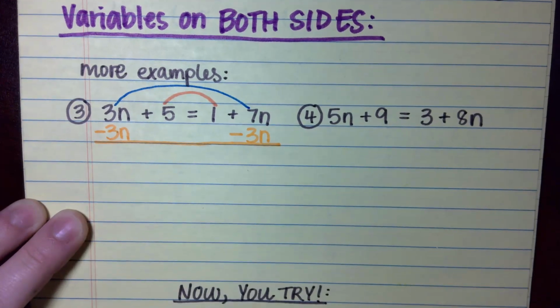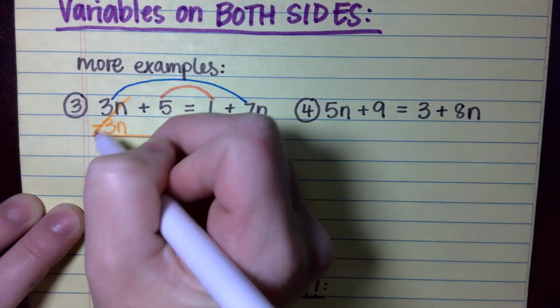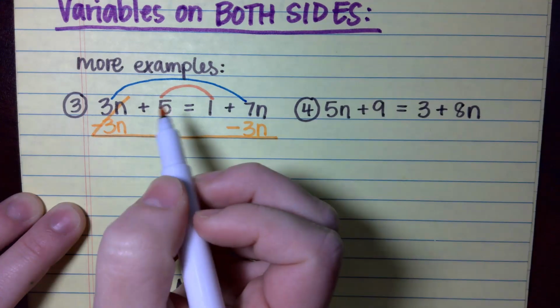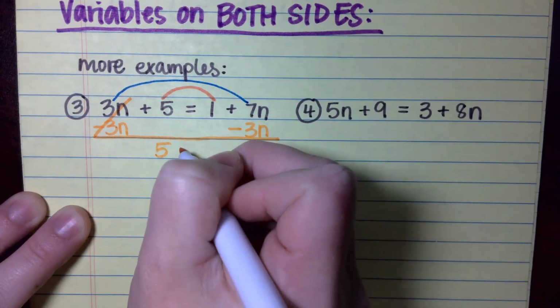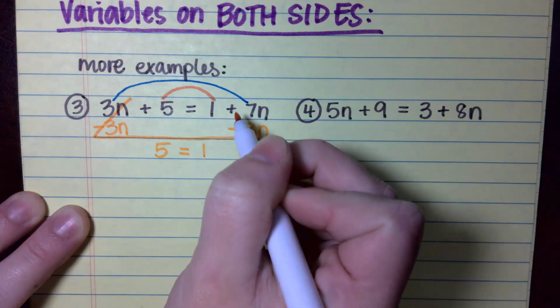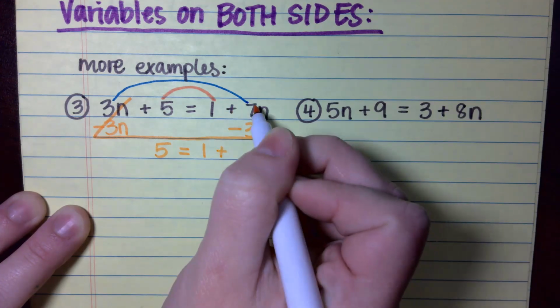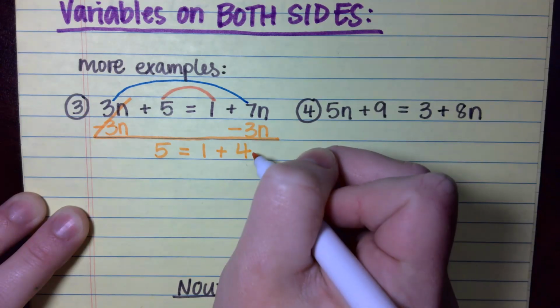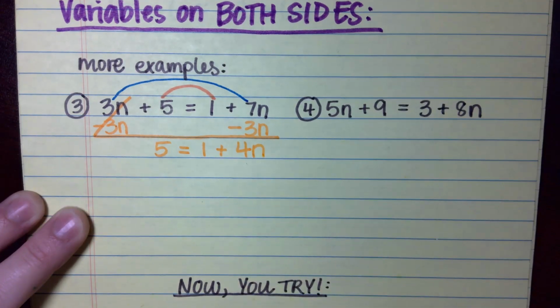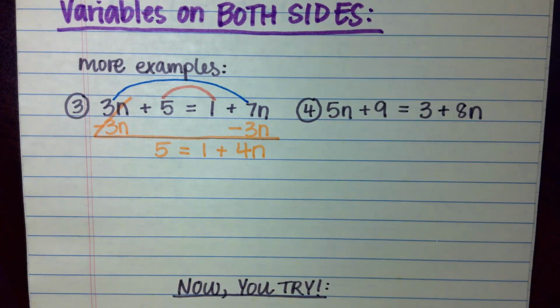What happens to my 3n's? They cancel. And then I'm going to start bringing things down. I still have 5 equals 1 plus, what is 7 minus 3? 4n.